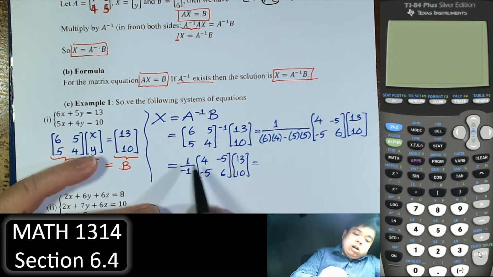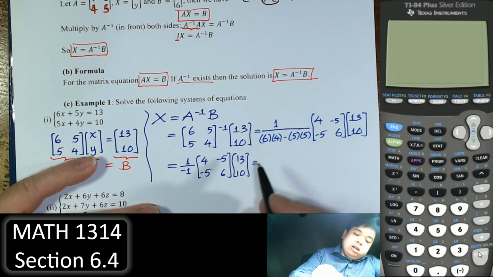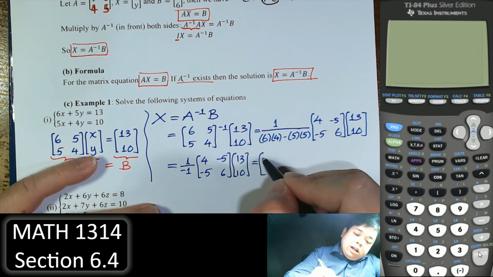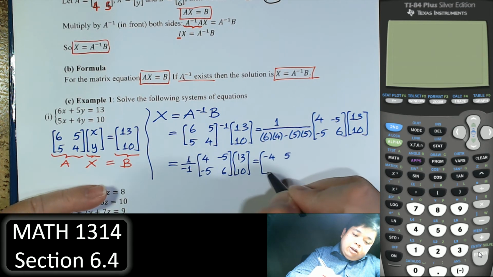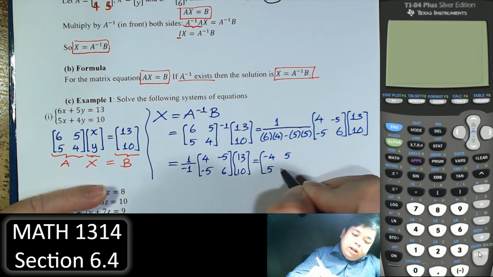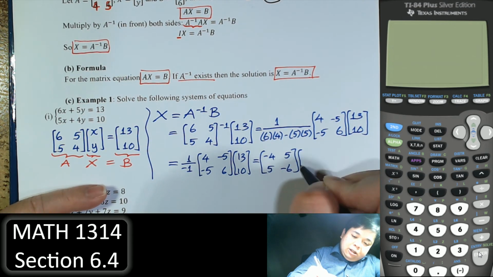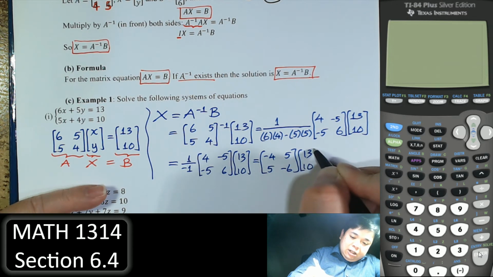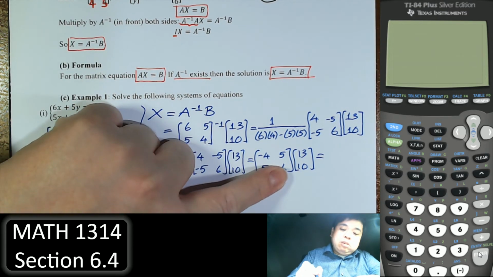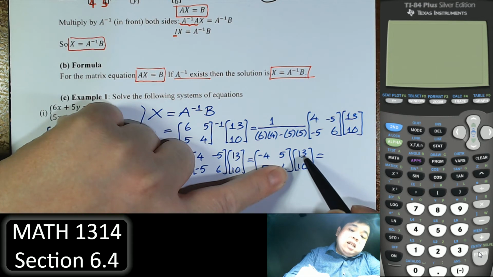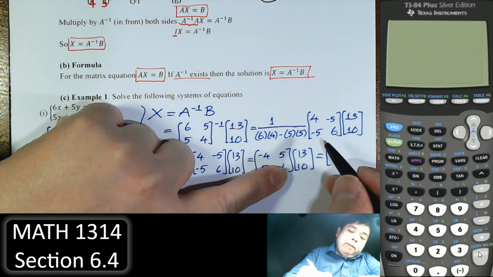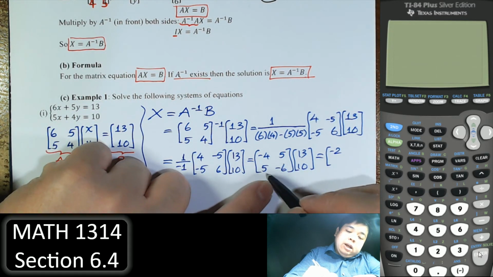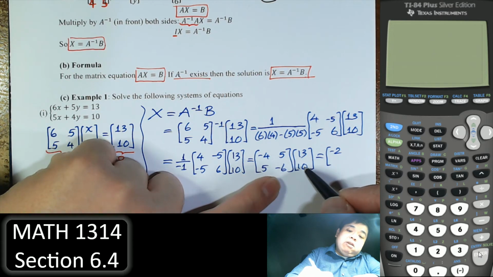Just negative 1 times all of this, so I just change the sign of everything inside. Negative 4, 5, 5, negative 6 times 13 and 10. Right, rows times column. Negative 4 times 13 is negative 52 plus 50, so that's negative 2. 5 times 13 is 65 minus 60.